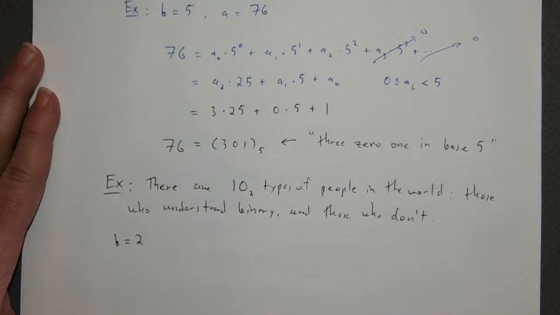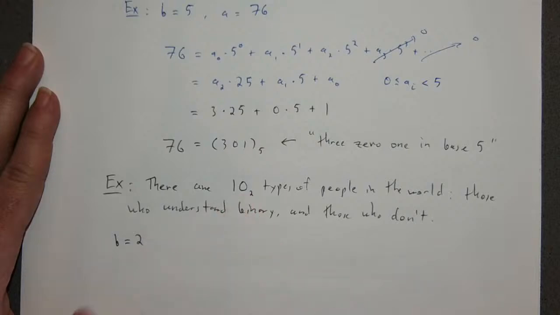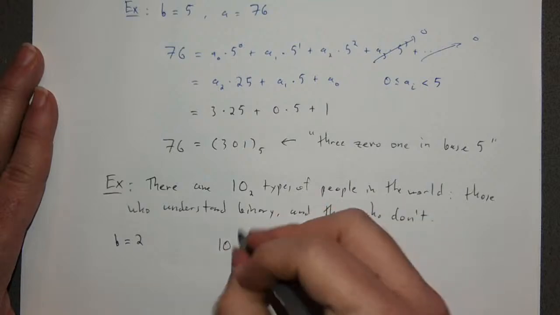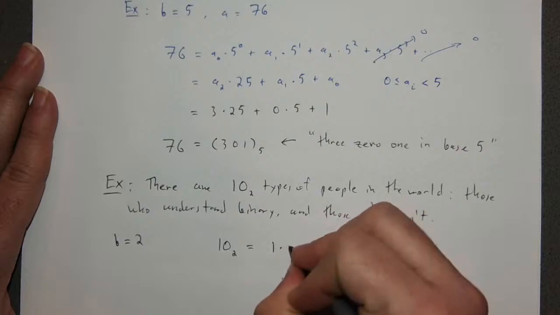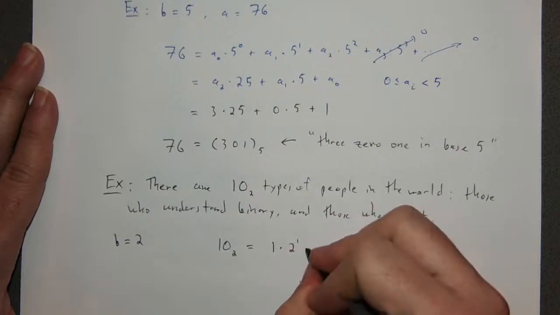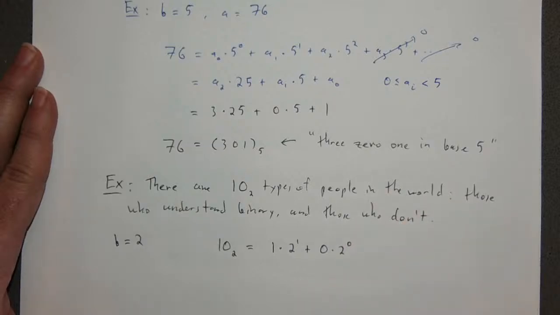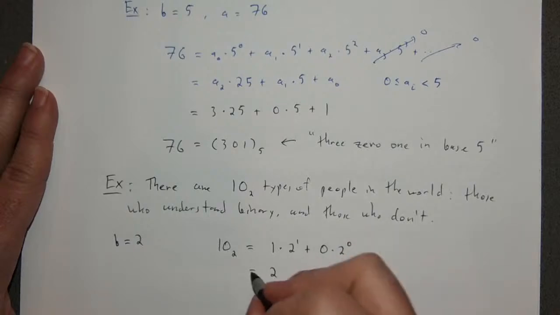So what is 1-0 from binary, that is base 2, in base 10? Well, this is 10 sub 2. This is 1 times 2 to the first plus 0 times 2 to the 0. So this is 1 times 2 plus 0, so this is 2 in base 10.